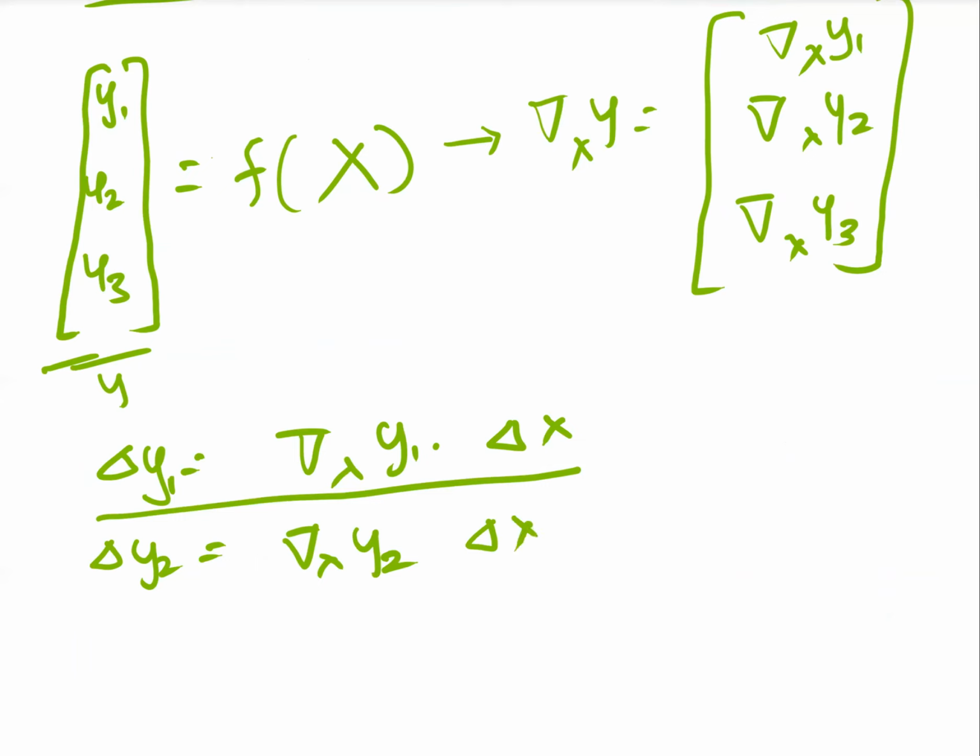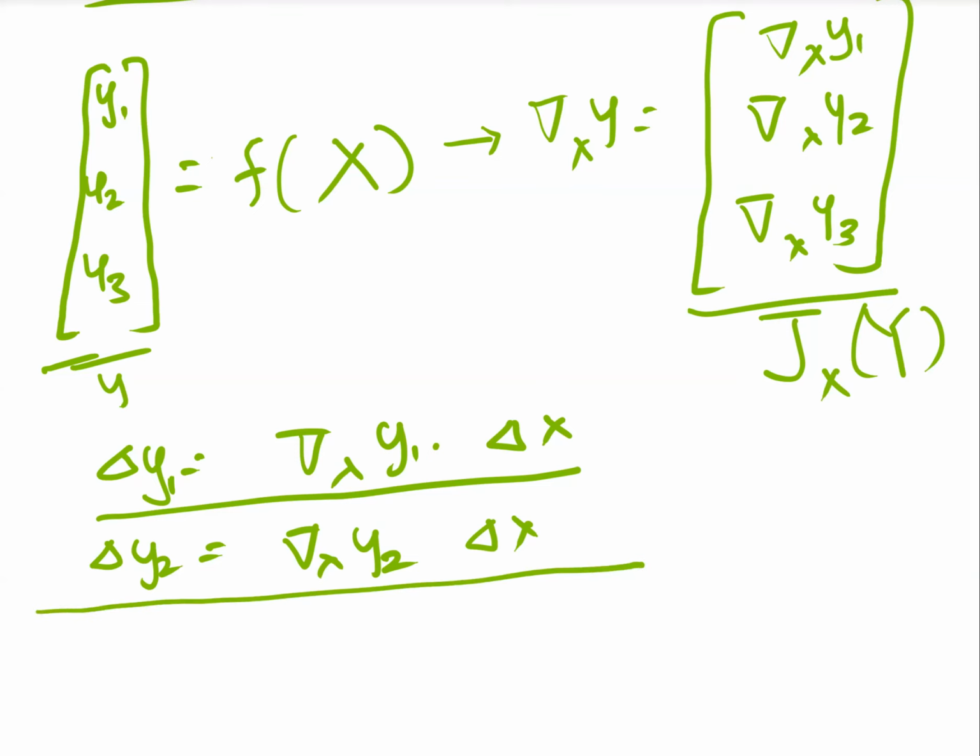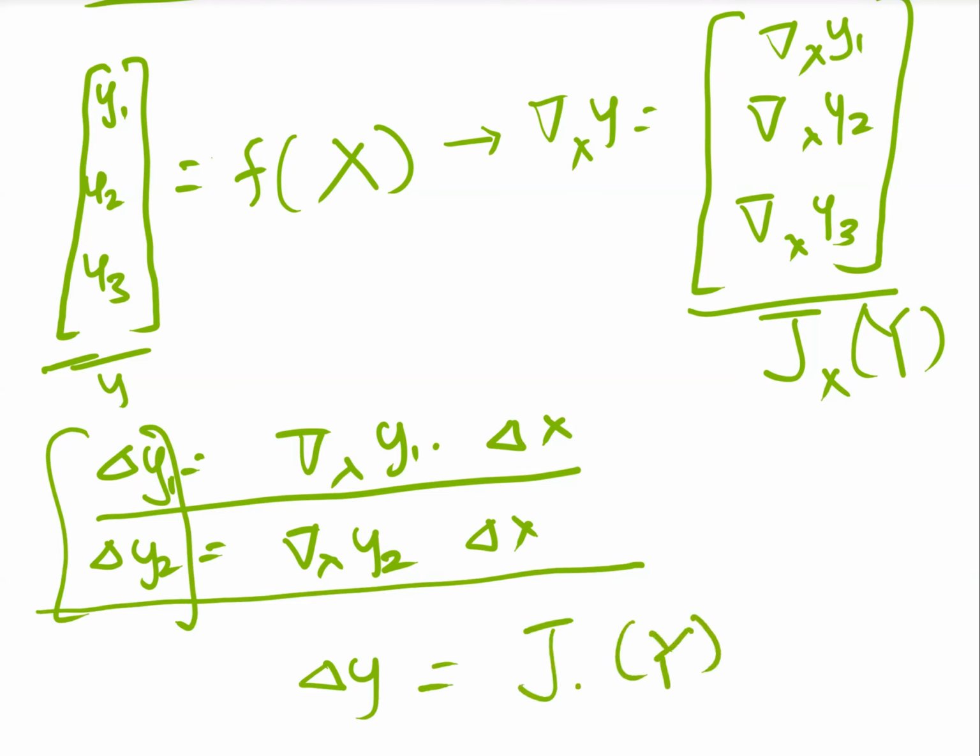So using this, let me call this matrix J of y with respect to x, which is just the vertical stacking of all of these, the derivatives of the individual y's. And you can see that, just by comparing these, delta y, which is just a vertical stacking of all of these guys, is J of y with respect to x times delta x. Do you see this? Right? Which satisfies our derivative equation.